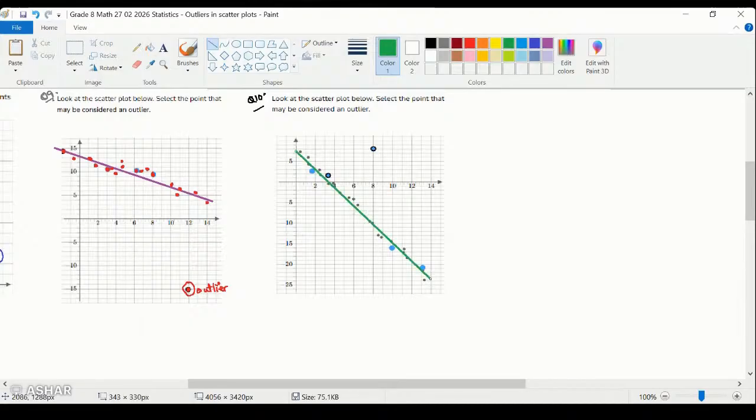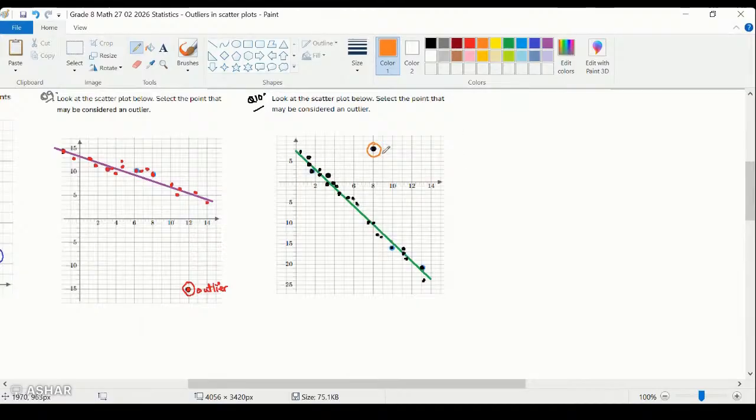This can be the line of best fit because it is passing through and between the maximum number of points. Agreed? I'm using two terms over here, passing through or in between. So can we say that this point over here does not follow the trend?